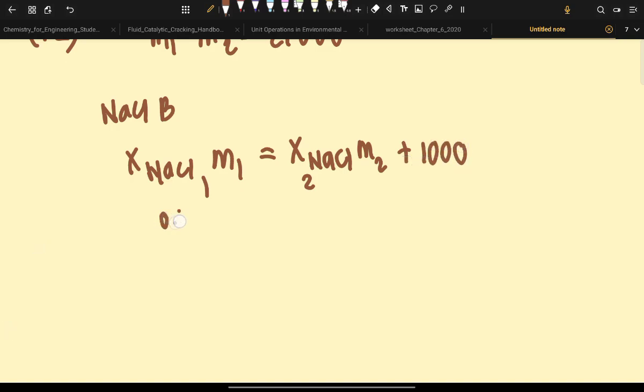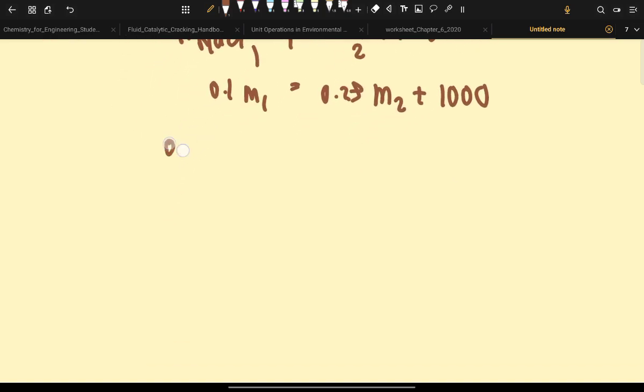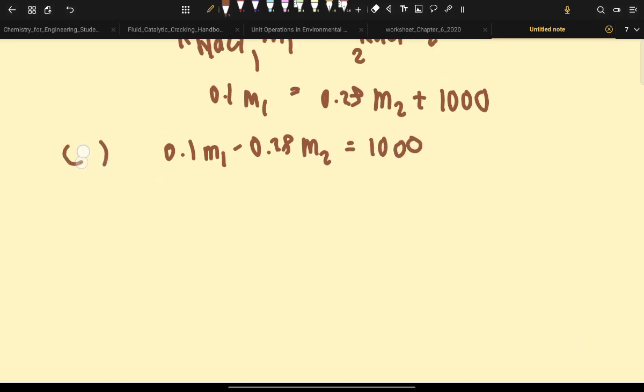So we just put the formula in, the information we have, and we arrange the equation. So it will be your second equation.